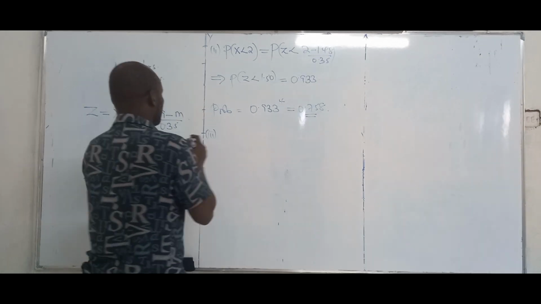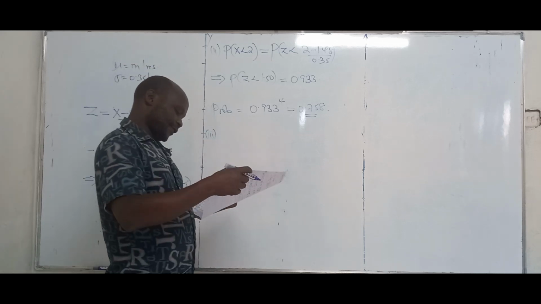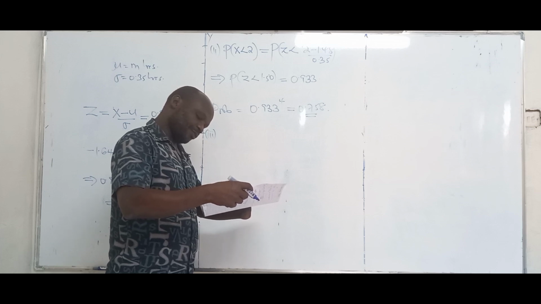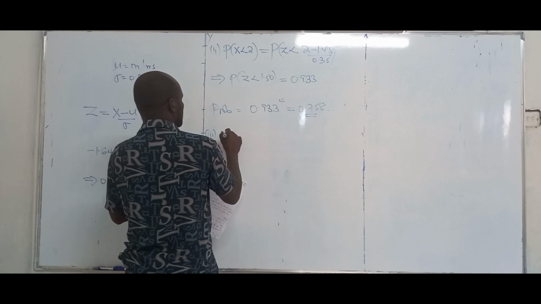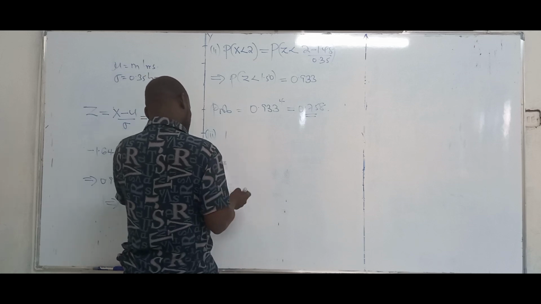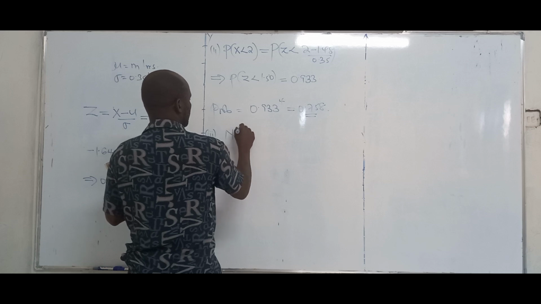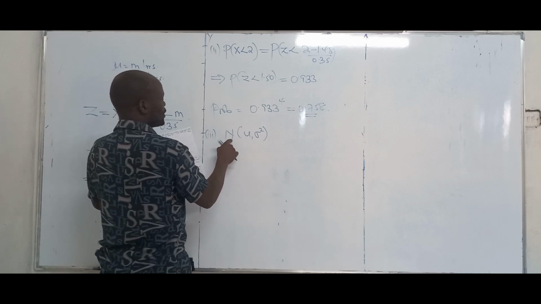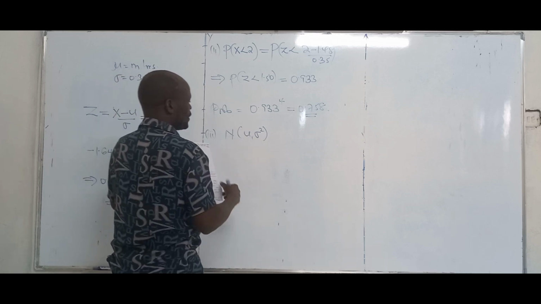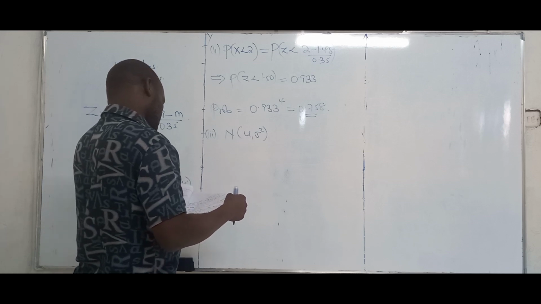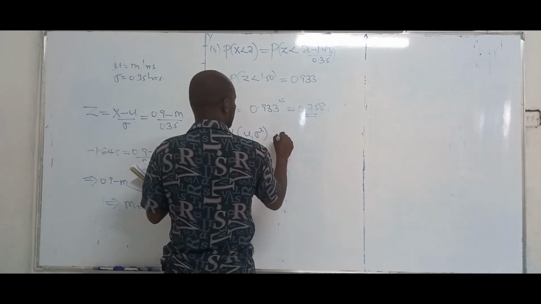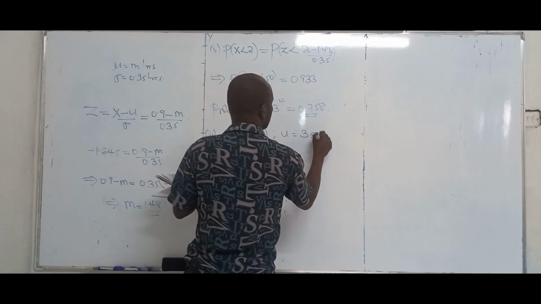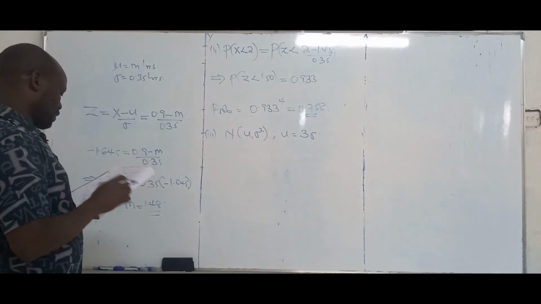We were told that the times in hours taken by another garage to fit a tow bar onto a car have this normal distribution, with a mean of mu and a variance of sigma squared. We are given that mu, which is the mean, is 3 standard deviations.